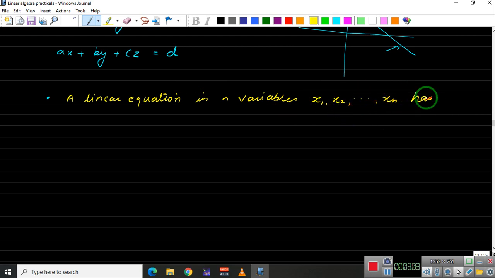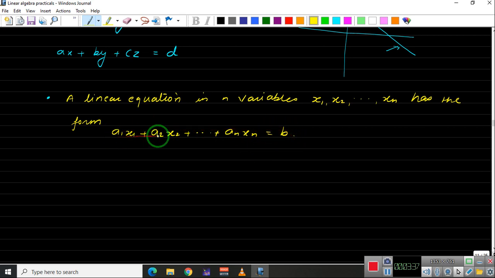It has the form: with n constants, let us take a1, a2 and so on. So a1 x1 plus a2 x2 up to an xn equals some constant b, which can be 0.